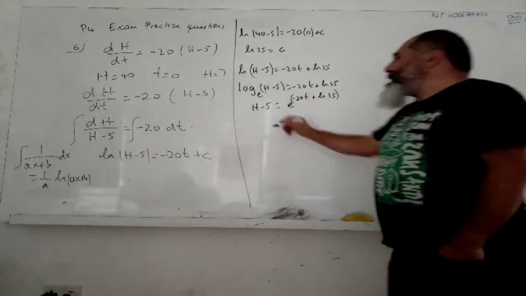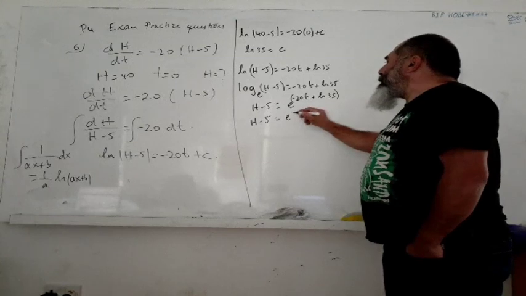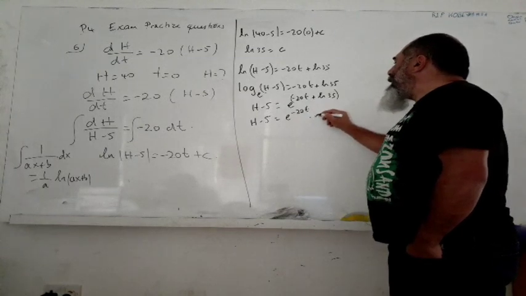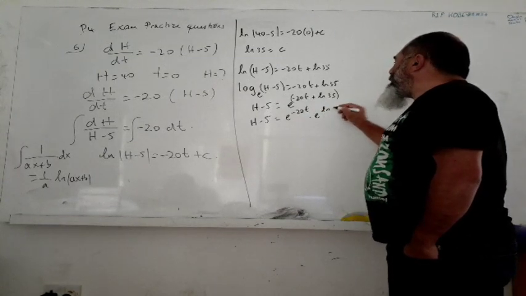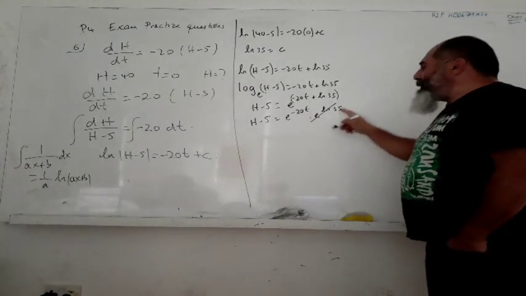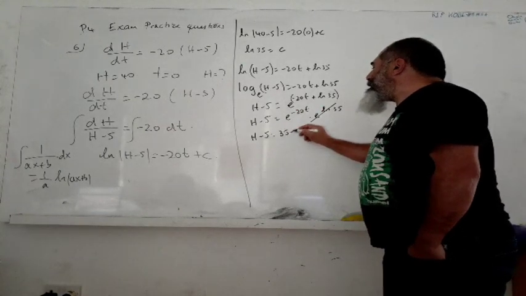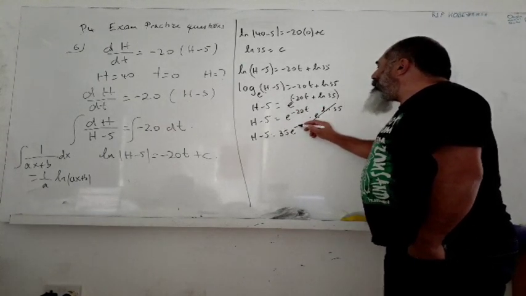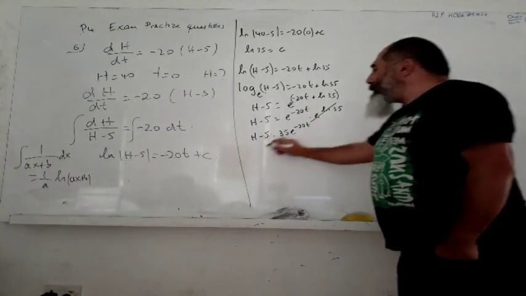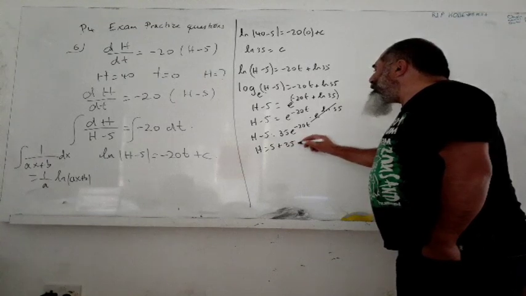So h minus 5 is equal to e to the power of minus 20t times e to the ln 35. These cancel each other and we have only 35 there. So h minus 5 is equal to 35 e to the power of minus 20t. So h is equal to 5 plus 35 e to the power of minus 20t.